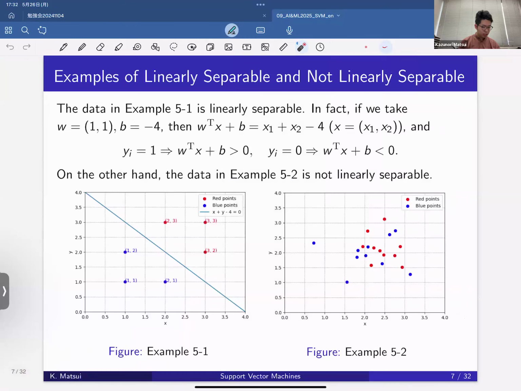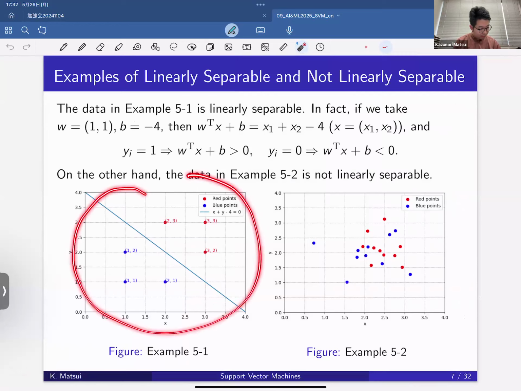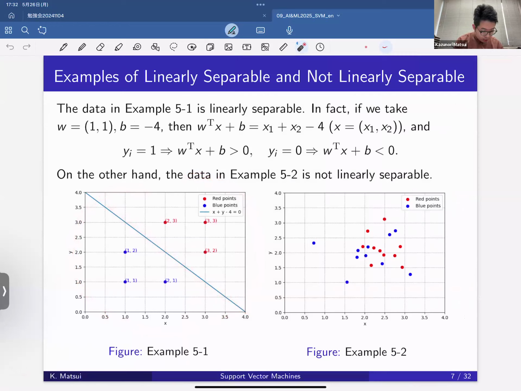Since it might not be immediately clear from looking at this, let's look at a specific example. This was example 5.1, and this is linearly separable. If we take W as the vector (1, 1) and b as -4, then W transpose x plus b becomes x1 plus x2 minus 4.